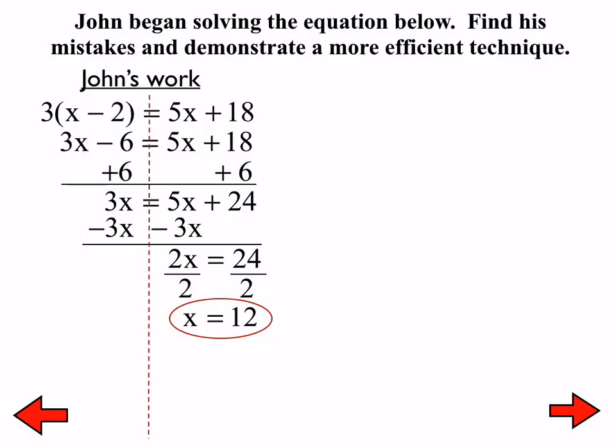So if I drew a line down where the equation splits, which is where all the equal signs line up. Notice right here at the 2x equals 24 that the equal sign moved. It's no longer down the middle because this person, John, decided to move the equal sign wherever he wanted. And this, like I already said earlier, is a really, really common mistake because 3x minus 3x is 0, and a lot of you might forget to put a 0 there.